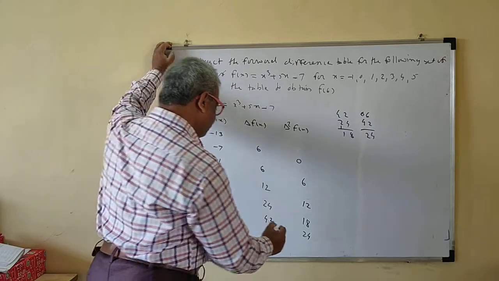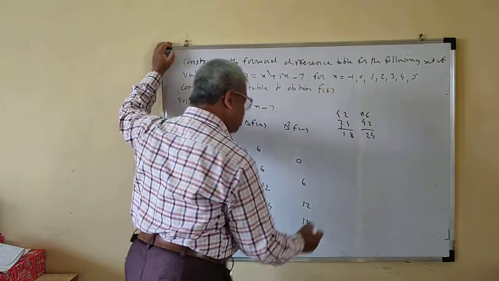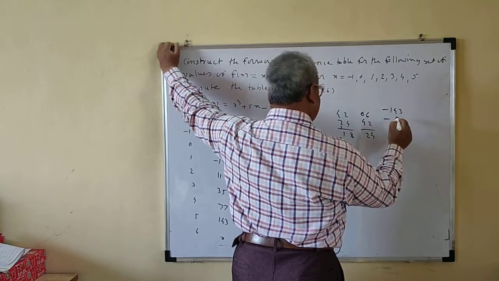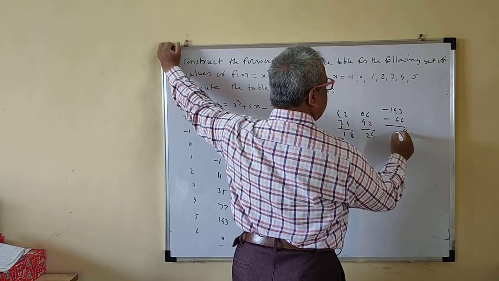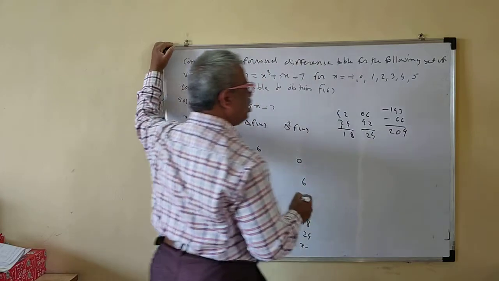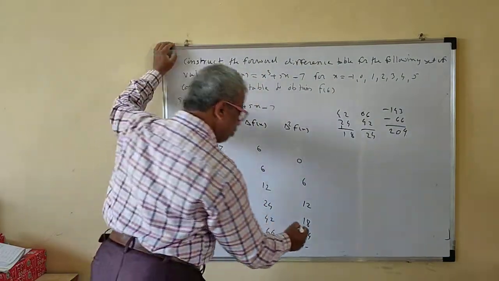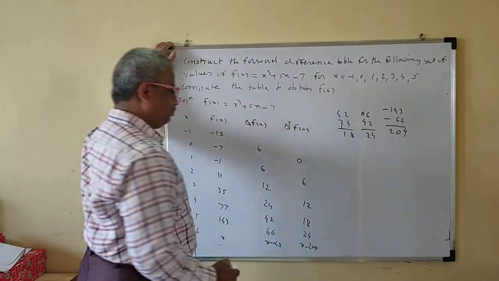Then x minus 143, 143 minus 66 is 77, so it is 209 minus 209.